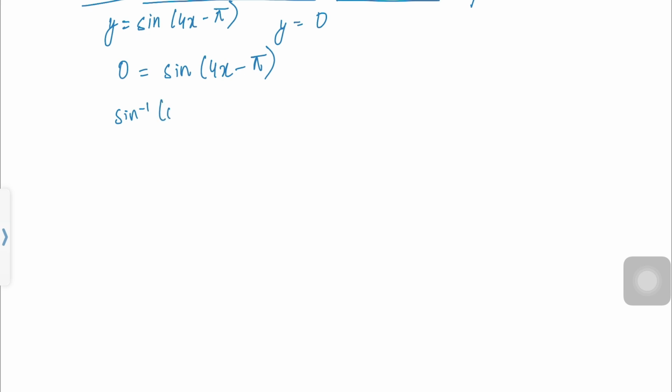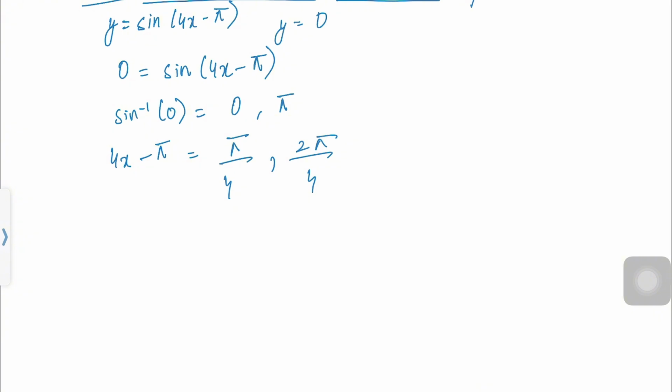Now sine inverse 0 is given as either 0 or pi. This is 4x minus pi, so this pi would go over there, so this would be pi, and then pi by 4, and this pi would go over there to 2 pi by 4. So this would be 2 pi by 4.